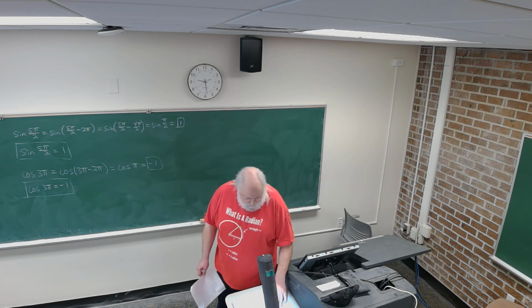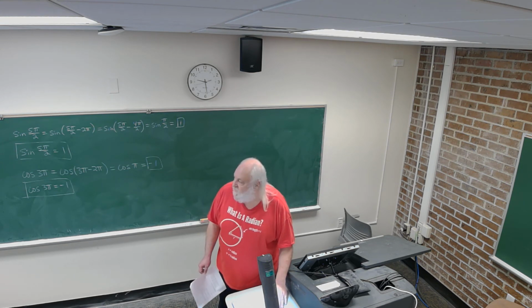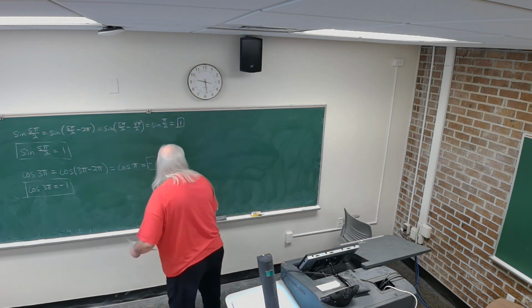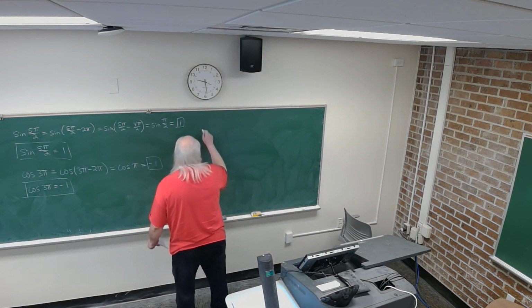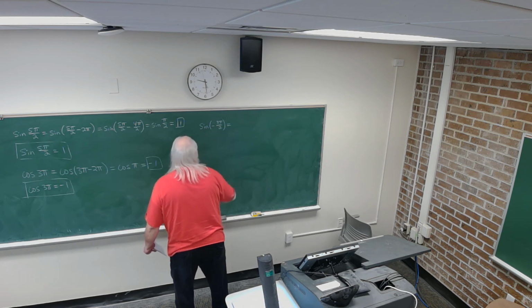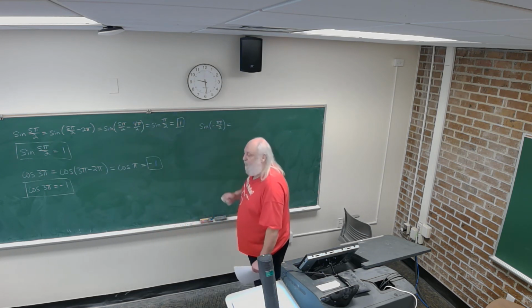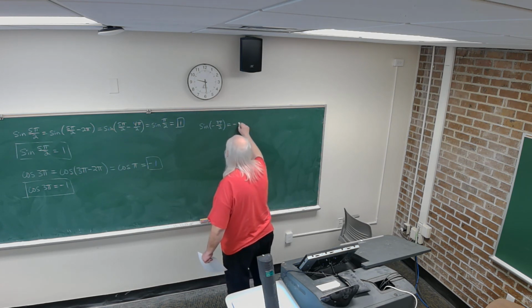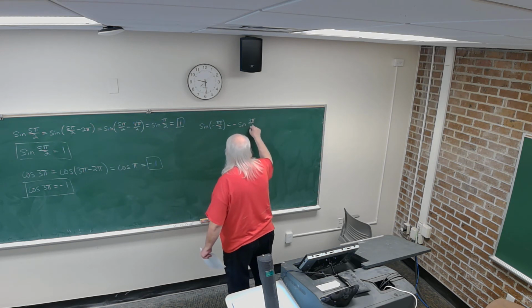So down below in the exercise is find the exact value of each expression. So we have the sine of minus 3 pi over 2. Well, because sine is an odd function, this is equal to the negative of the sine of plus 3 pi over 2.